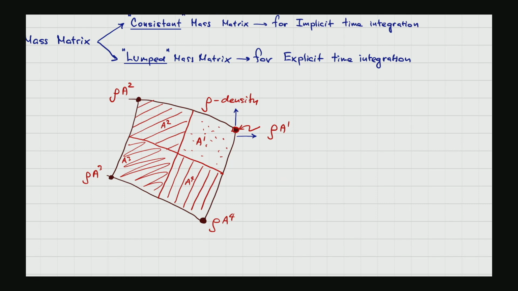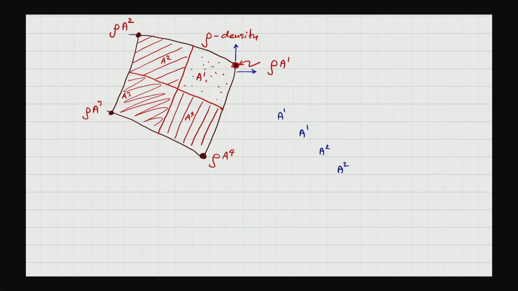I'll omit the rho because that's going to be outside the matrix. A1, A1, A2, A2, it's going to look like this: A3, A3, A4, A4, and diagonal line.